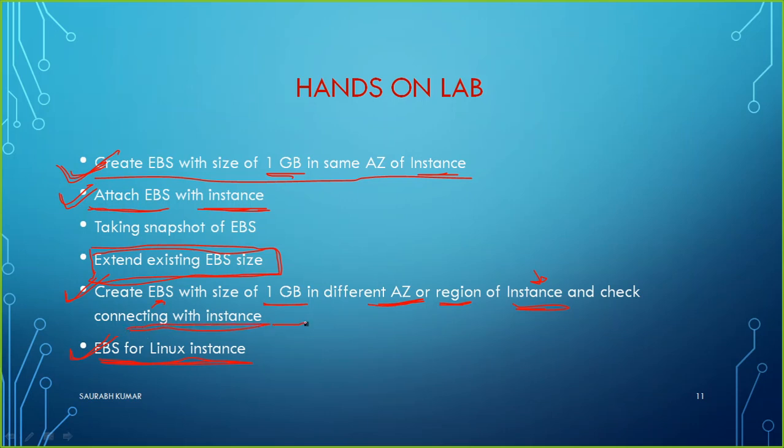This was the output. So we found that no, it doesn't work. I created an EC2 instance in one availability zone and EBS in a different availability zone, and when I tried to attach them, it was not working.